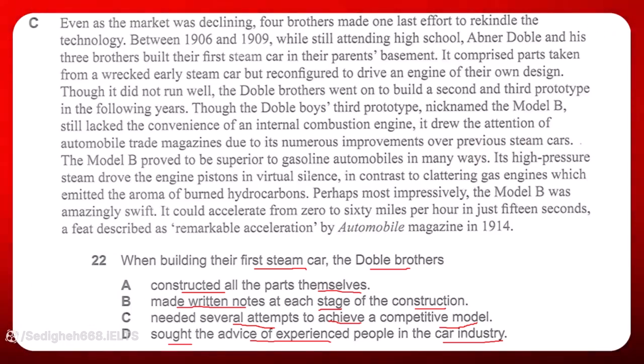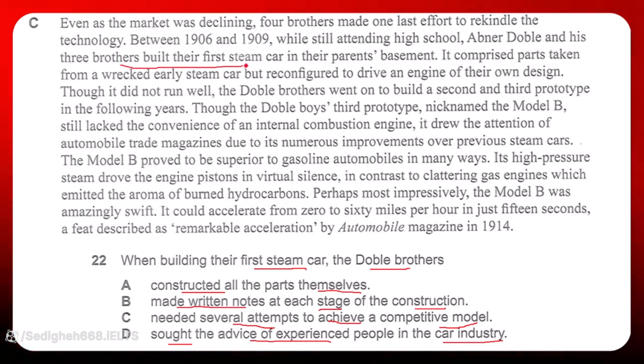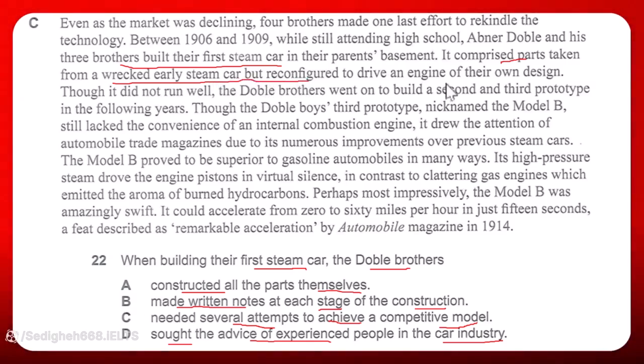Here we can start from the beginning. They built their first steam car, so here the keyword is steam car. It comprised parts taken from a wrecked early steam car but configured to drive.